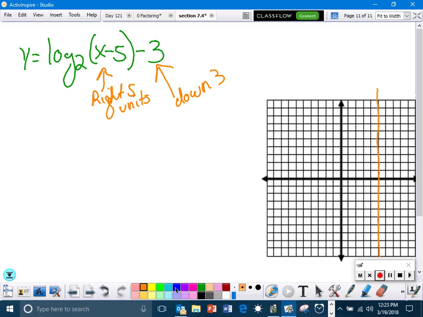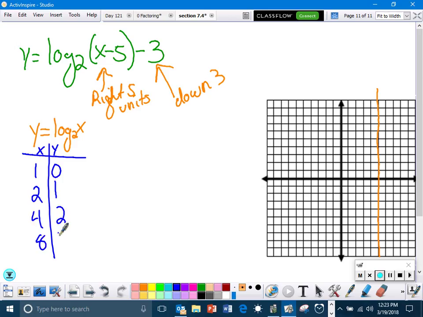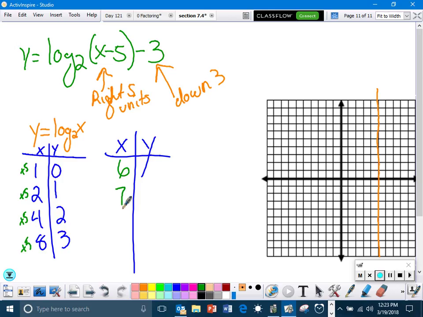All right, so going back to my original, y equals log base 2 of x. Remember, that's (1, 0), (2, 1), (4, 2), (8, 3). So now, based on my new equation, I'm going to add 5 to each of these x values. So 6, 7, 9, and 13.